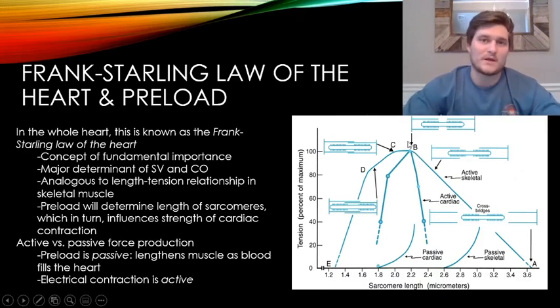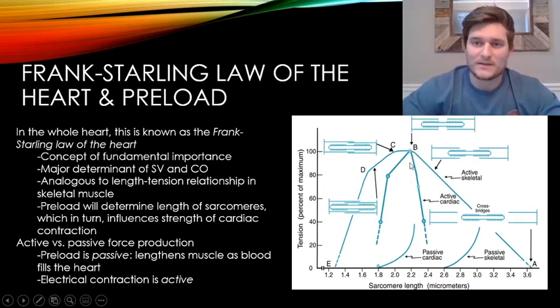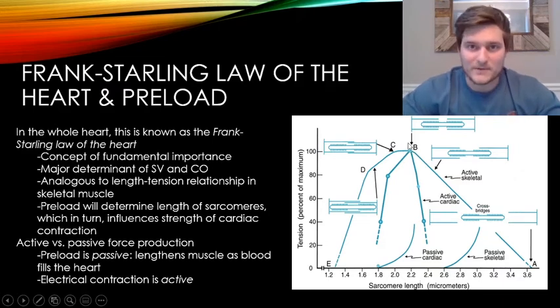It's important to note that preload is helping to increase this passive tension, but it's also helping to optimize the amount of interactions between myosin and actin when the electrical activity of the heart will activate these cardiac muscle fibers.